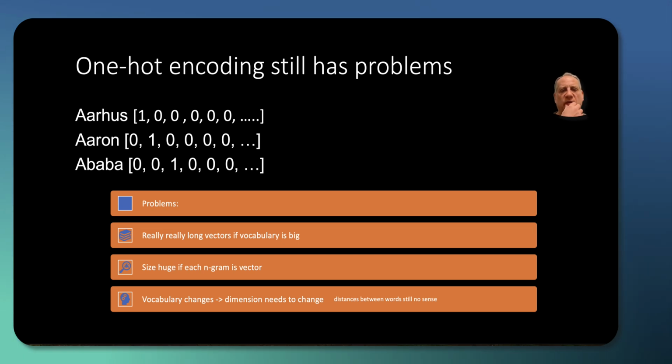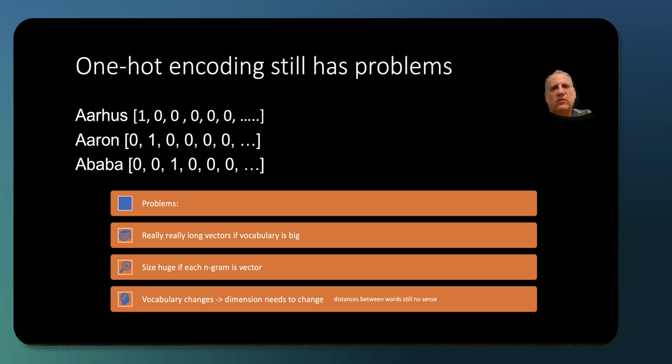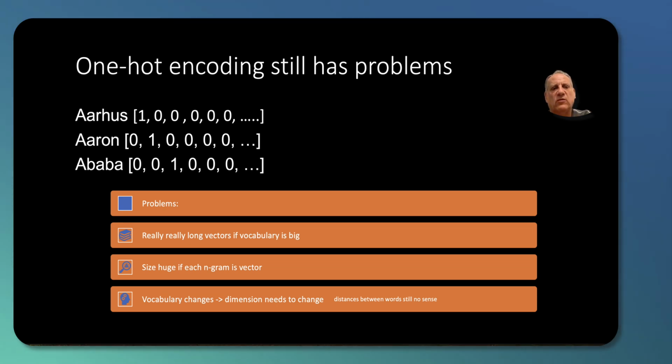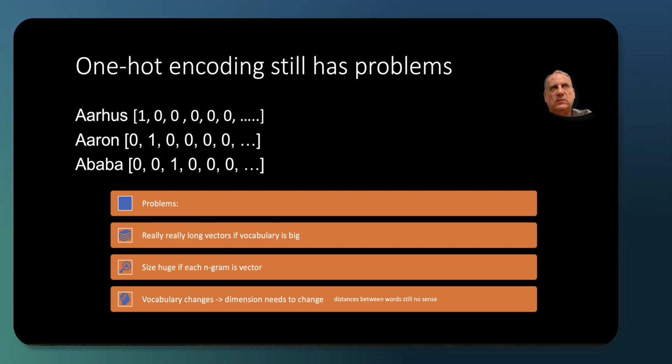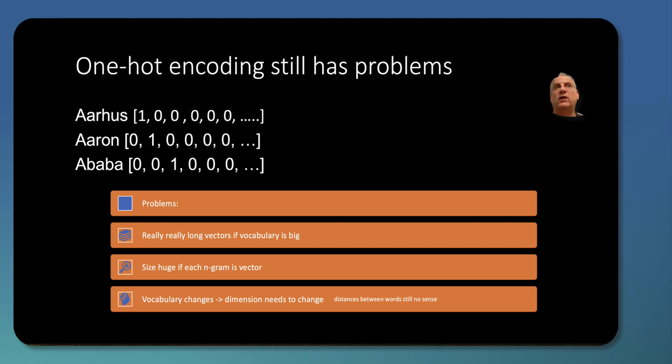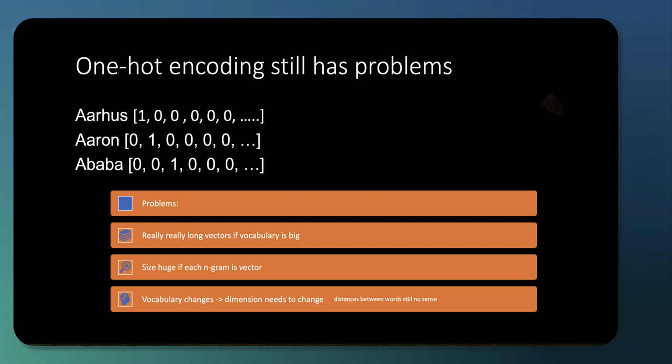So as I mentioned, this one-hot encoding is okay, and we can use it particularly for doing bag of words models, but these are really long vectors. If we treat them actually as vectors rather than in the sparse representation, let's say because we want to feed it into a deep neural network, it's going to be kind of tricky, right?